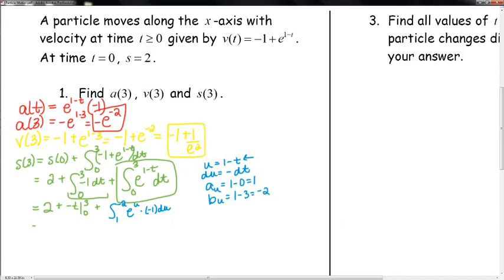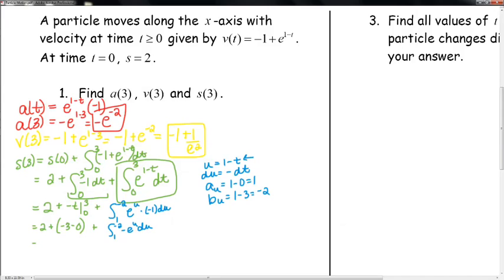So this gives me 2 plus negative 3 minus 0 plus the integral from 1 to negative 2 of negative e to the u du.